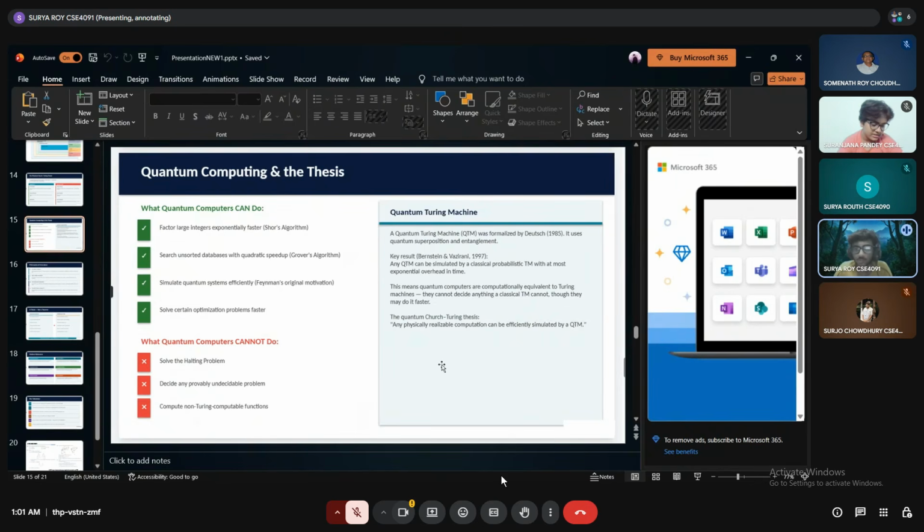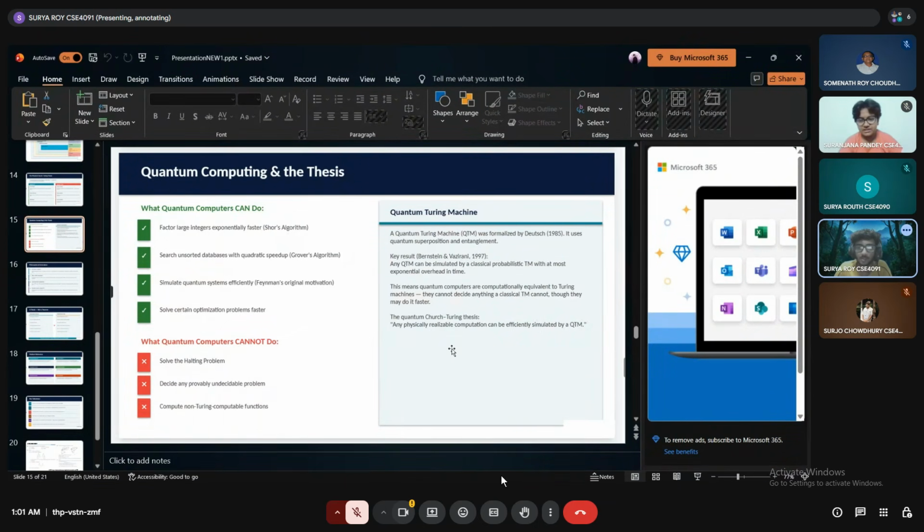Quantum Turing Machine. A quantum Turing machine (QTM) was formalized by Deutsch, 1985. It uses quantum superposition and entanglement. Key result: Bernstein and Vazirani, 1997. Any QTM can be simulated by a classical probabilistic TM with at most exponential overhead in time.